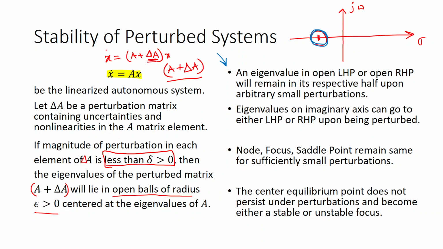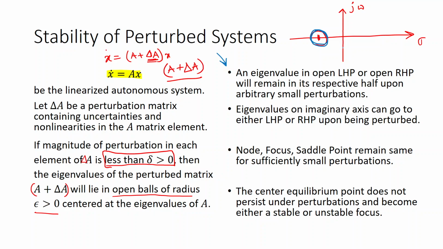If the eigenvalue is in the open left half plane, it will never be able to cross the left half plane. That is what it is saying. It will remain in this respective half.